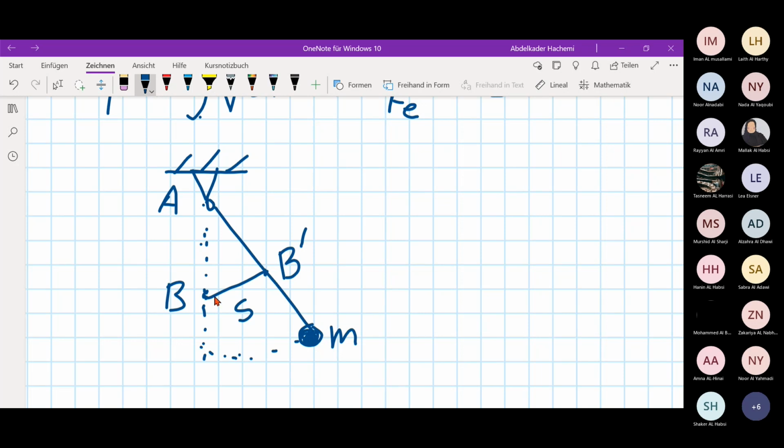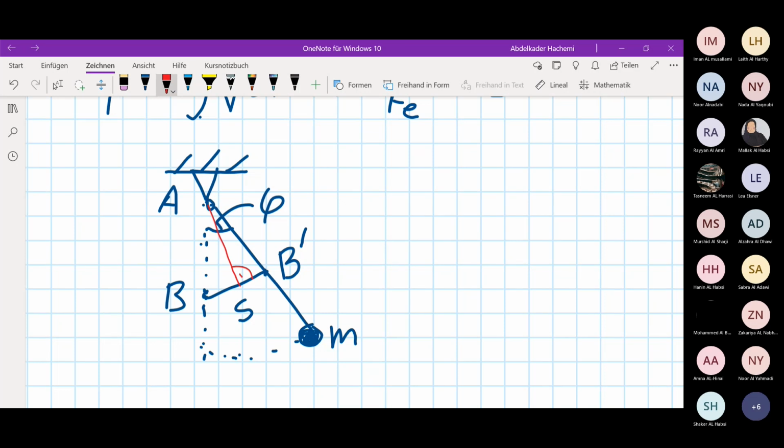That means there is an elongation of the spring with S. Now to determine this, we have the angle phi here. What we do is divide this part and make a 90 degree, the perpendicular to it.